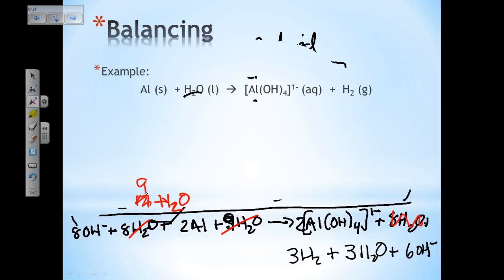Now if we look, we also have hydroxides on both sides. All 6 of these are going to cancel out, and this is going to go down to 2 hydroxides.